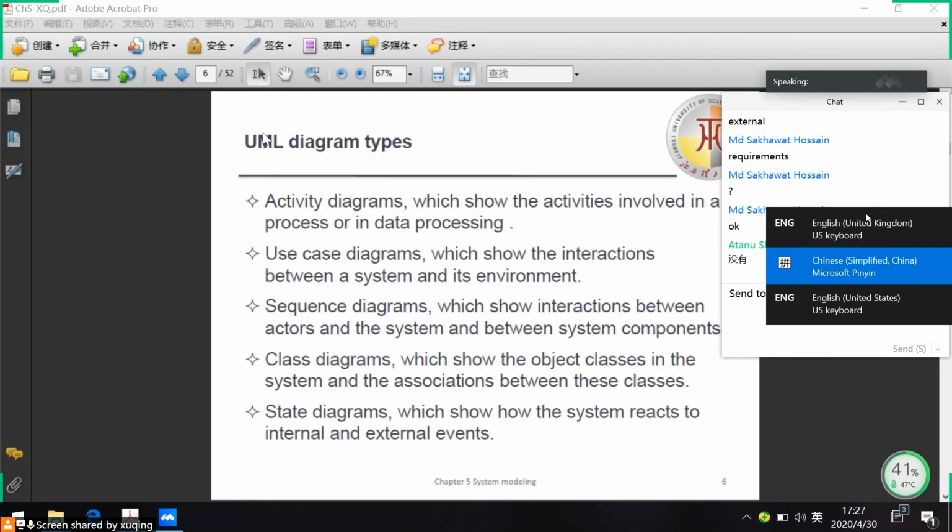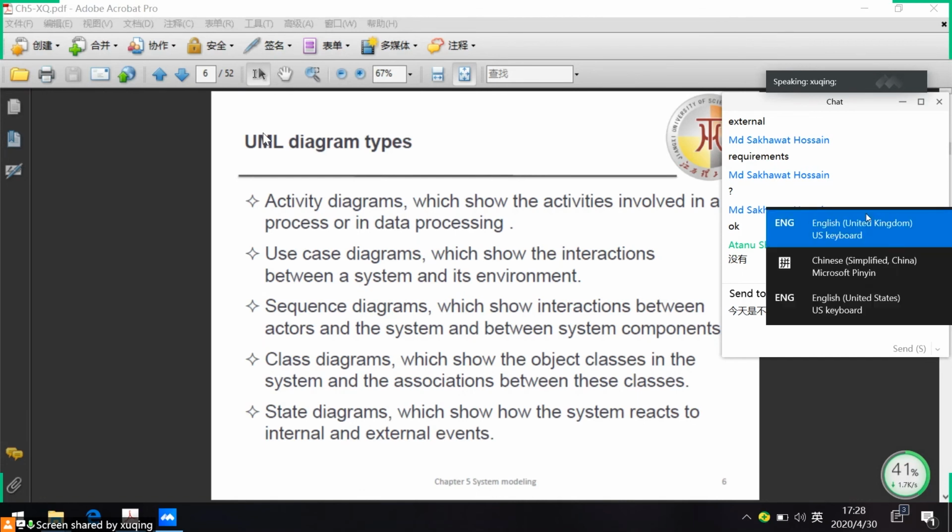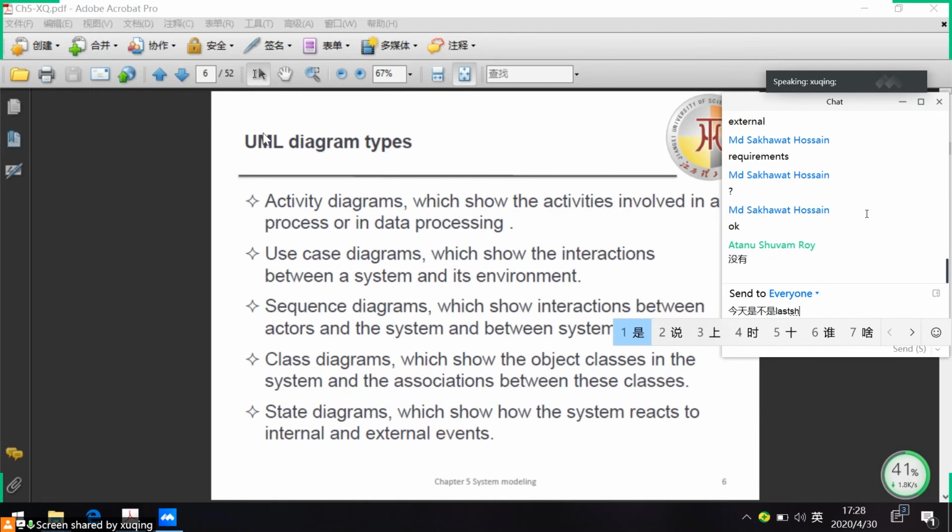Then, as you have already received the revision exercises, please be attentive to these exercises. We have already talked about them. There are many exercises that have appeared in your assignments.